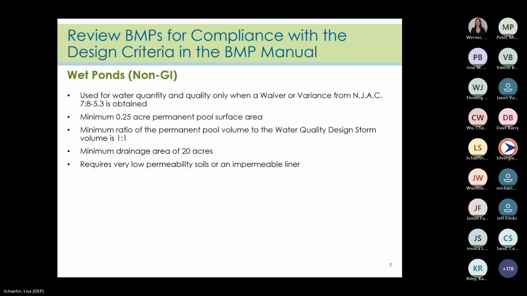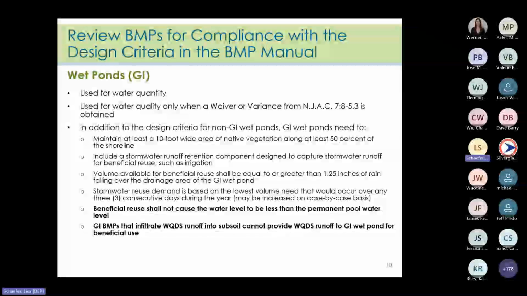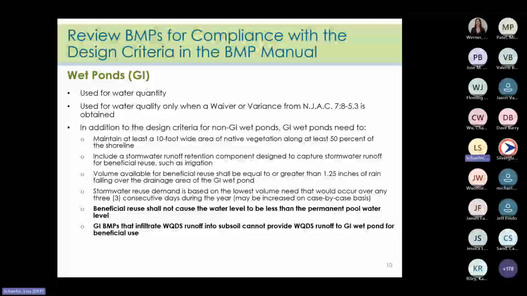liner. Now, for GI wet ponds, they can be used for water quantity, and they can be used for water quality only when there's the waiver or variance from this part of the rules. So in addition to the design criteria for non-GI wet ponds, GI wet ponds need to have at least a 10-foot wide area of native vegetation along at least 50% of the shoreline.